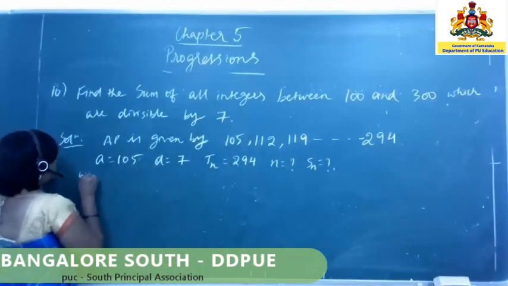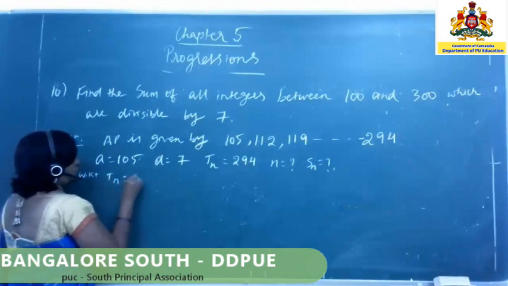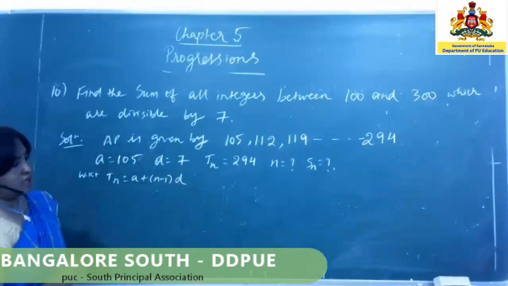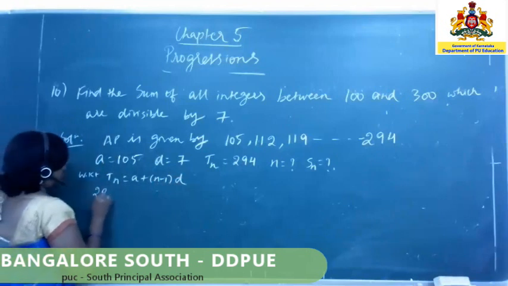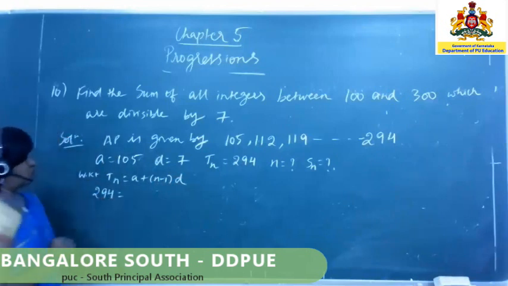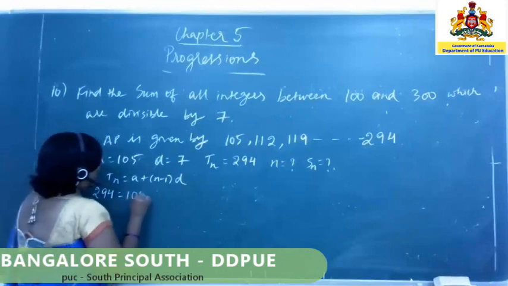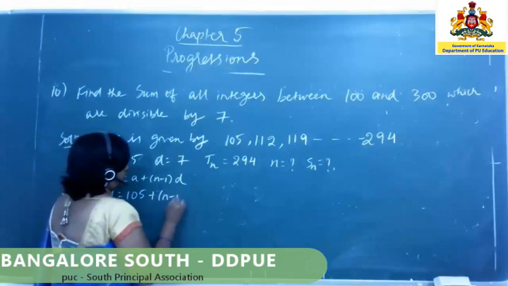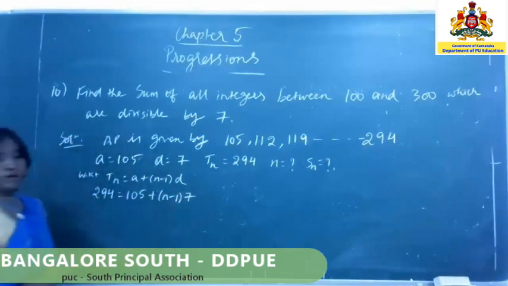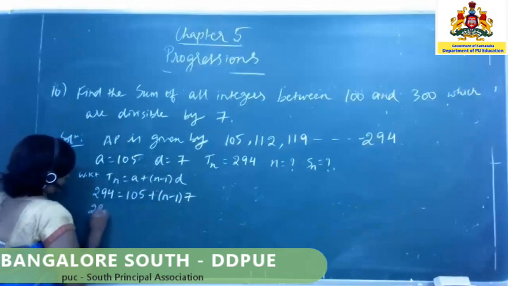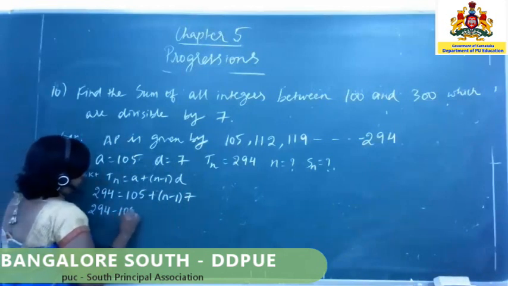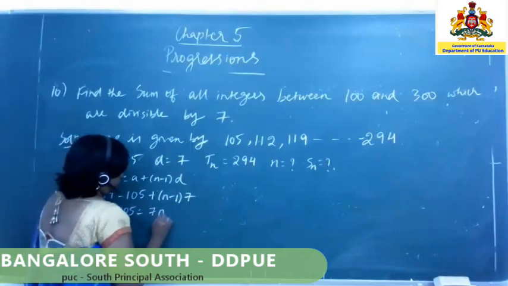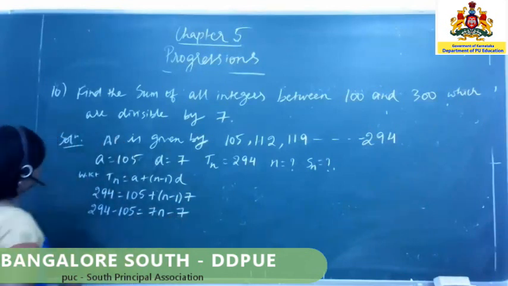So we know that Tn is equal to a plus n minus 1 into d. Tn is 294. So 294 is equal to a, which is 105, plus n minus 1 into d, which is 7. So 294 minus 105 is equal to 7n minus 7.